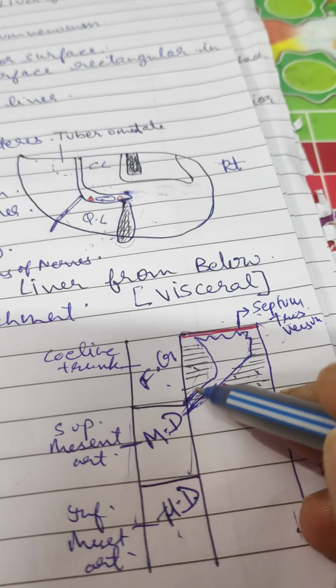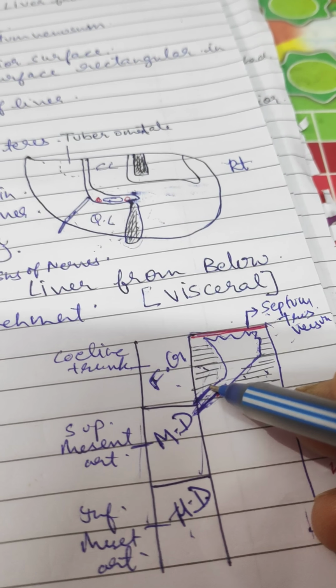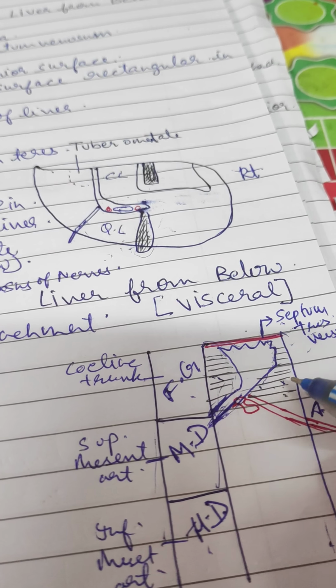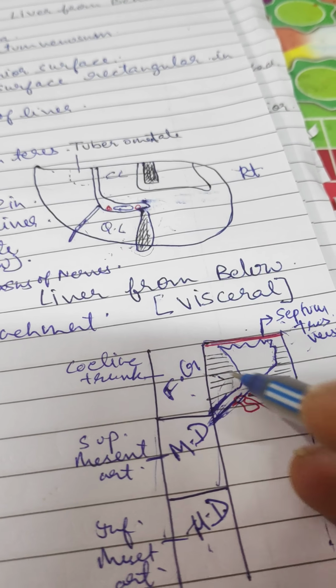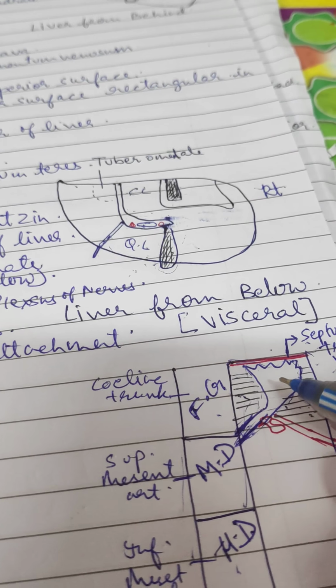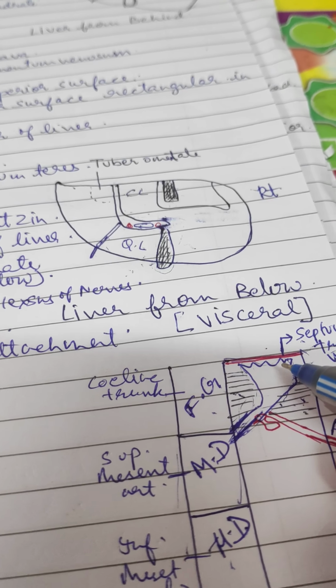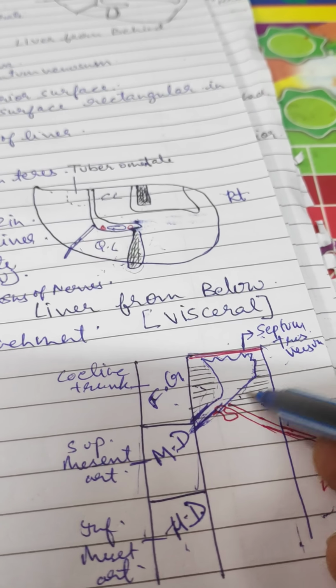This bud is herniating into the ventral mesentery, and it is slowly growing and covering all the mesentery. As it grows bigger, most of the mesentery space is taken and remnants are left.